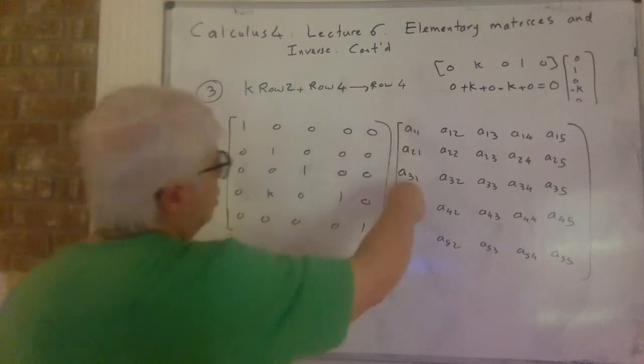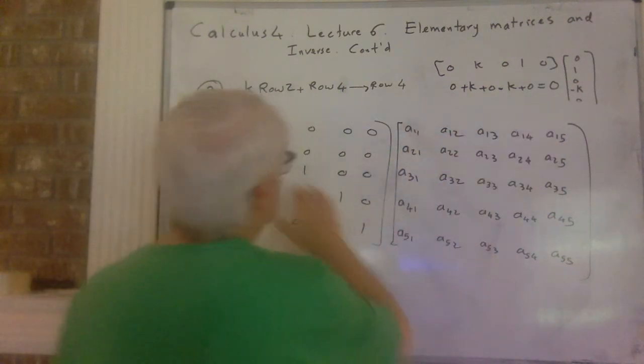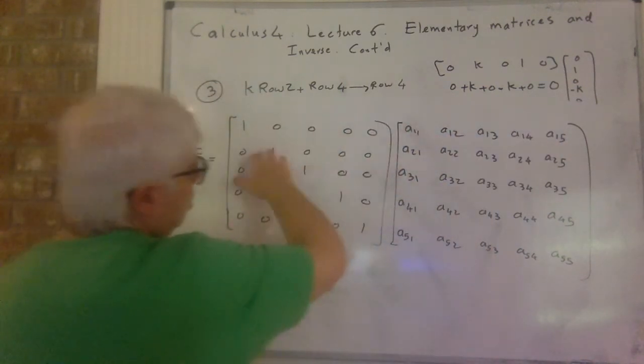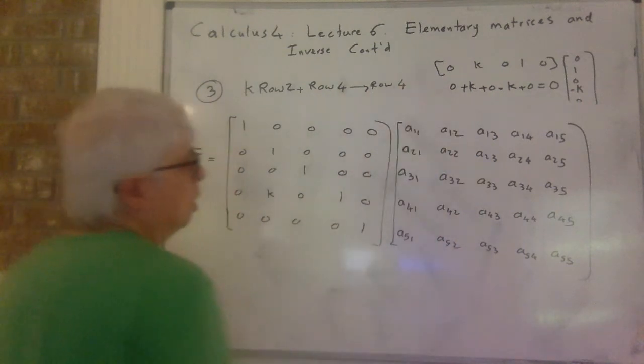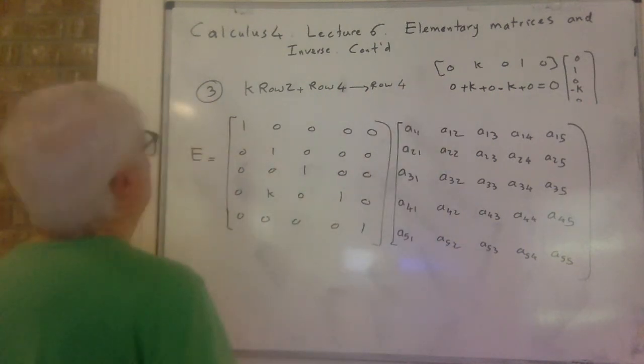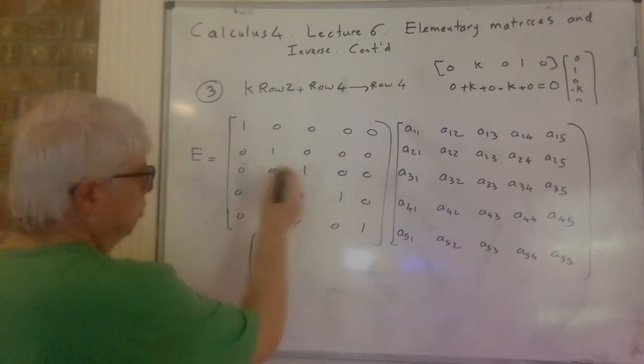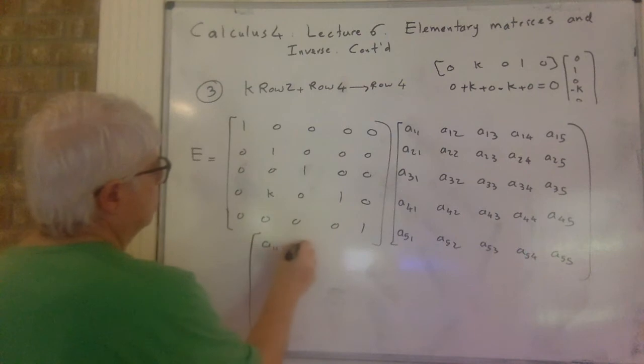This one times this will give me a11, a12, a13, and so on. So this row multiplied by the columns will give me the first row of the result. So the first row doesn't change. Nothing happens to the first row.